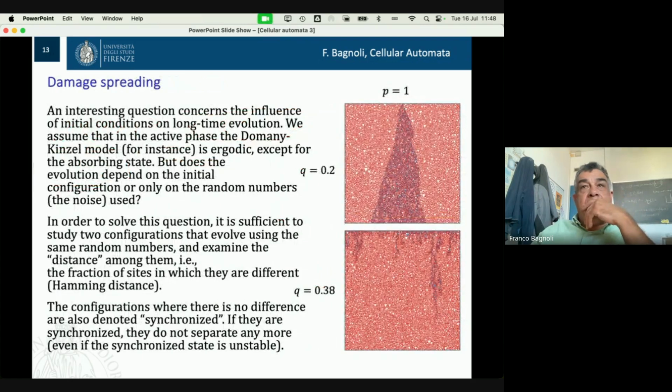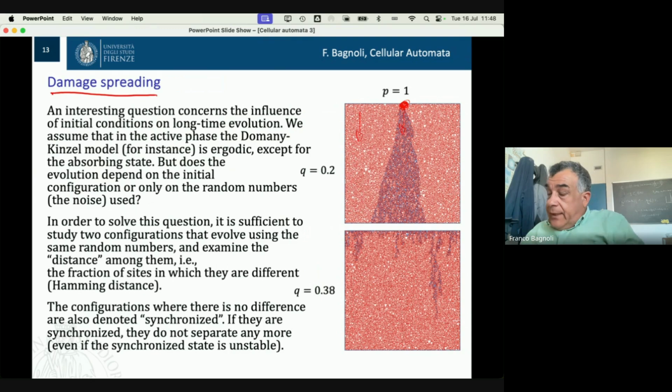Now, another interesting transition is about what happens to a small defect or disturbance on the system. Clearly, since we are considering a stochastic system, we have to assume that the two replicas, the one which is evolving and the one which is evolving with a small modification, use the same random numbers, otherwise clearly they differ.